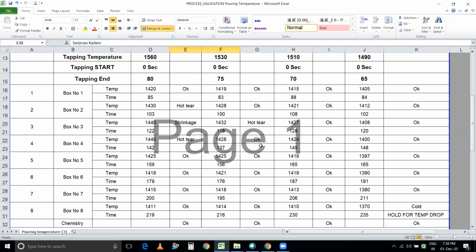Are all processes required to be validated, or is there any specific idea that only special processes or critical processes are to be validated? For that, some processes give us attribute type results, some give variable results. Like if you want to validate the spectro process, checking the chemistry, that process depends on how you pull out the coin.